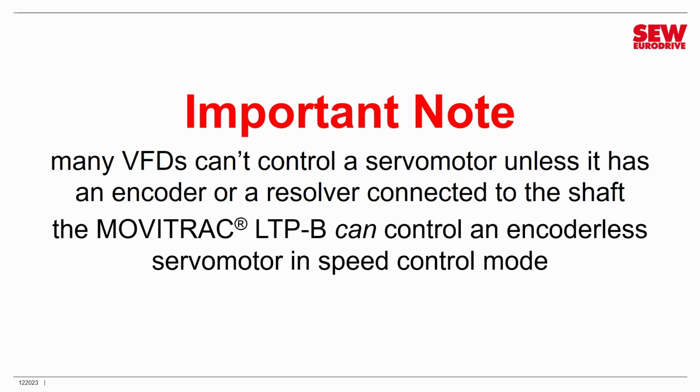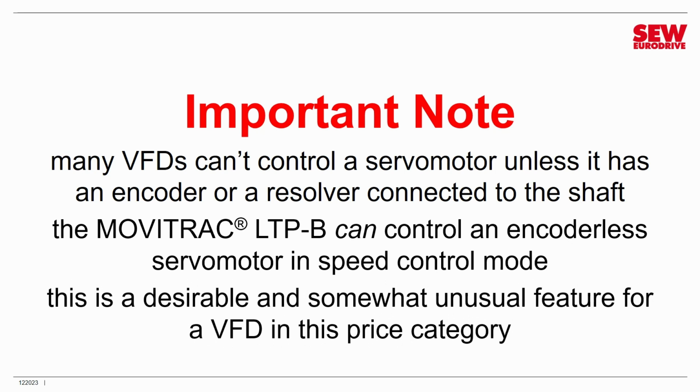It can control what we call an encoderless servomotor in speed control mode. Now, we can't do positioning with it. You need feedback to do positioning. Most introductory VFDs, lower-end VFDs, do not support this kind of feature, so the fact that the MOVITRAC LTP-B does offer it is somewhat unusual in its price category.